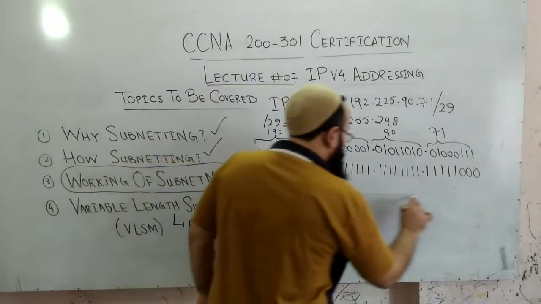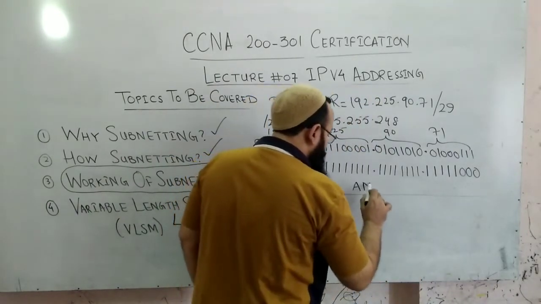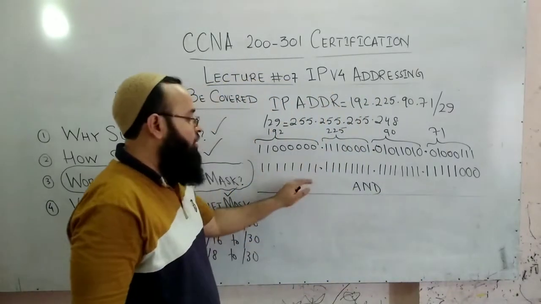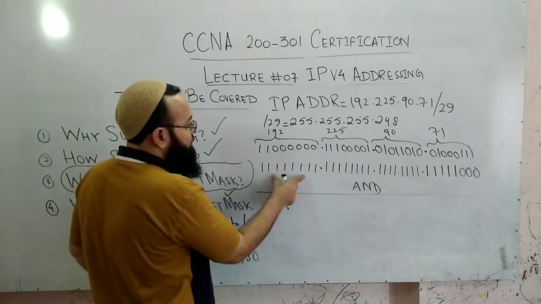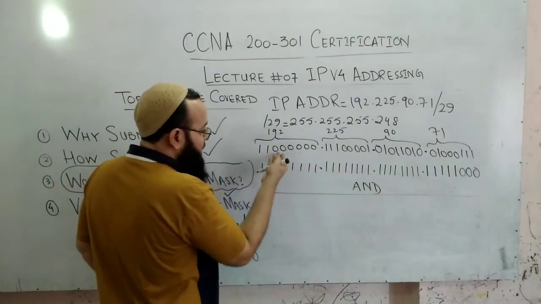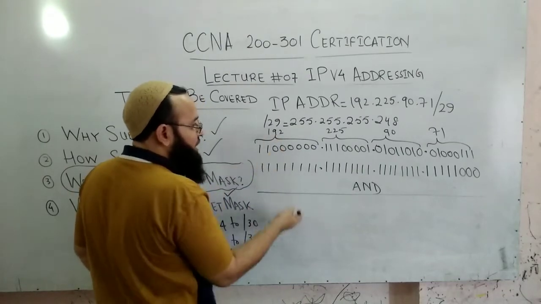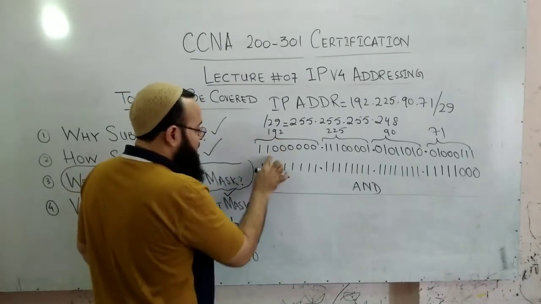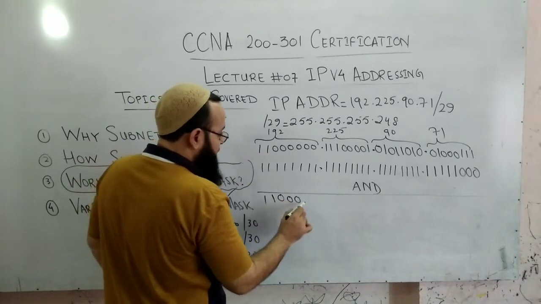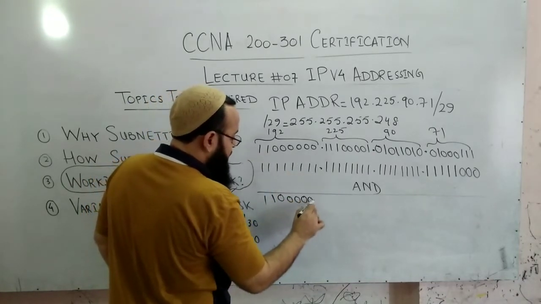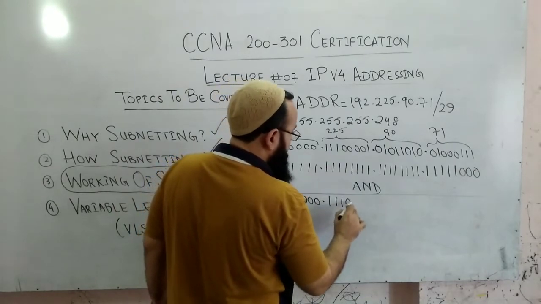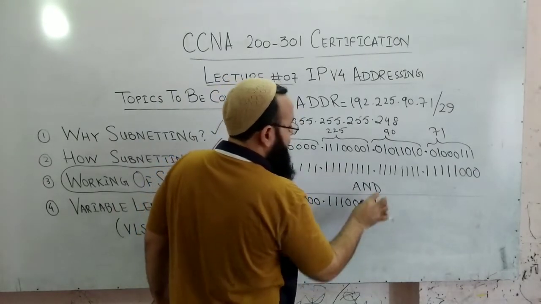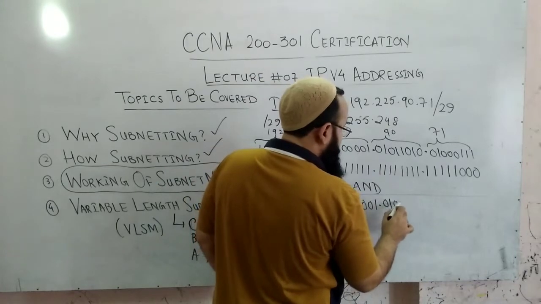Now I am going to perform the bit by bit AND operation. What does an AND operation do? An AND operation simply multiplies these two. So if we multiply all ones with this, it will become equal to simply 192. 1 1 the 1, 1 1 the 1, 0 0 0 0 0 0. And similarly here 1 1 the 1. Similarly this will also be the same.